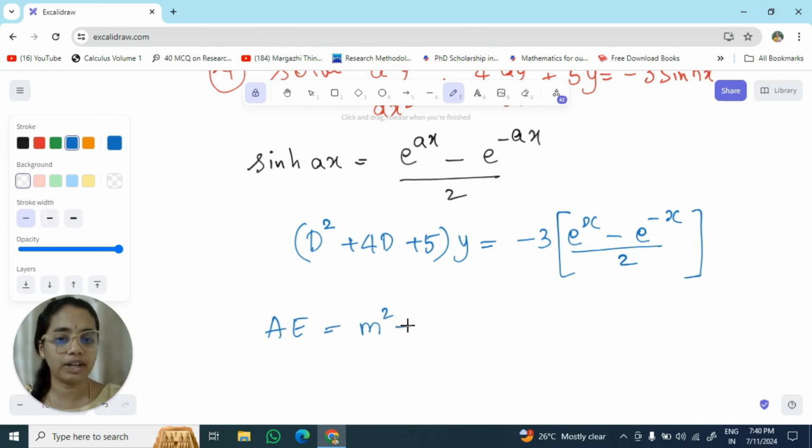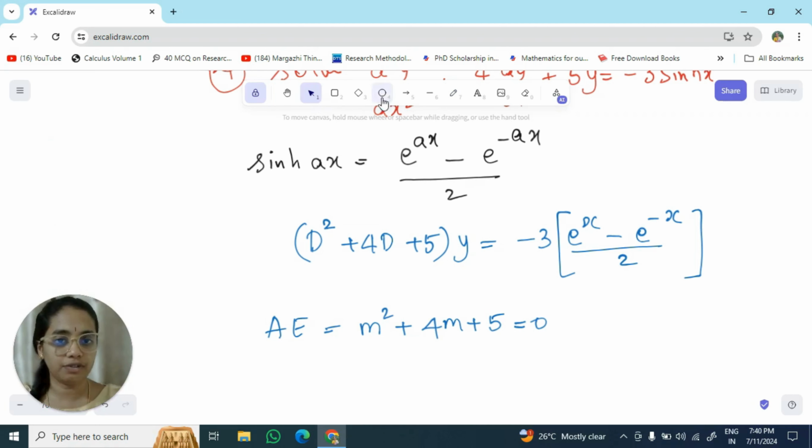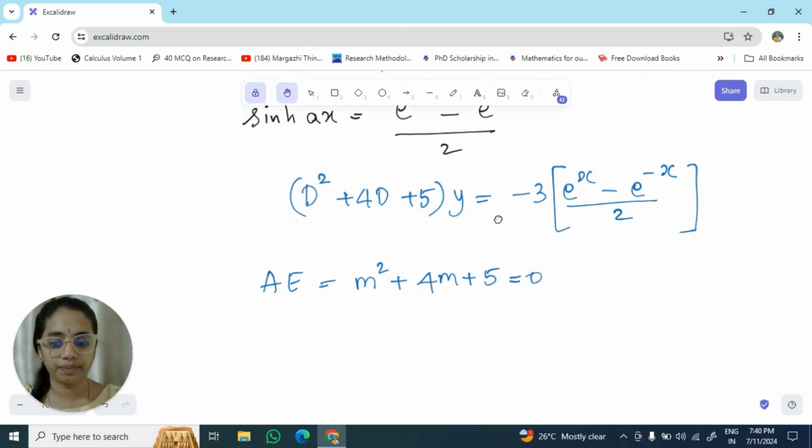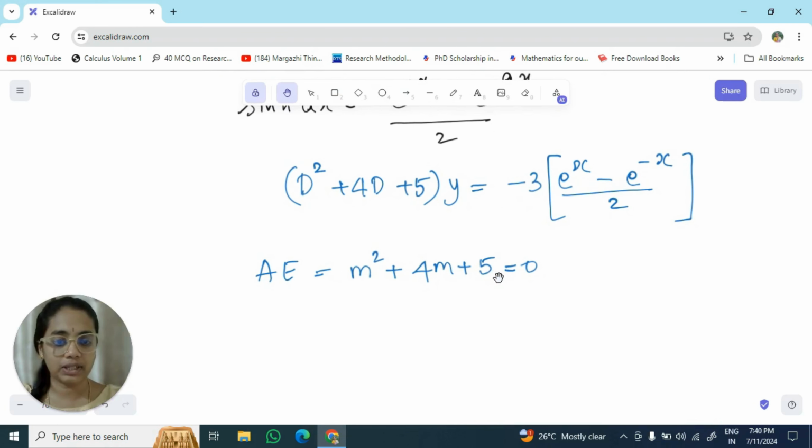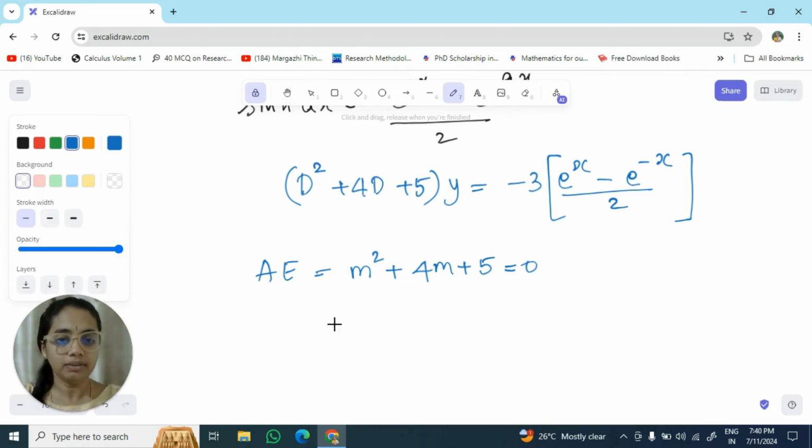We would get m square plus 4m plus 5 is equal to 0. We know that 5 ones are 5, agree, and 5 minus 1 is 4, but we cannot use that, right, because for 5 minus 1 we need positive 4. Let us just use the formula, right?